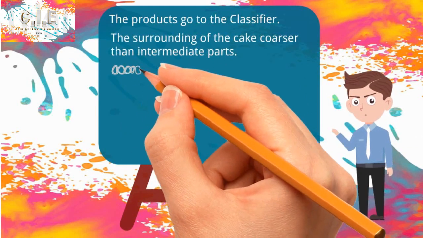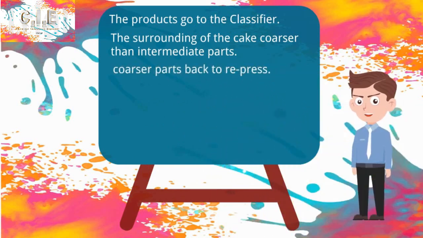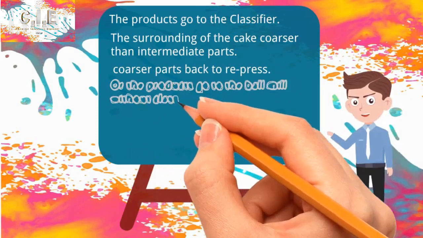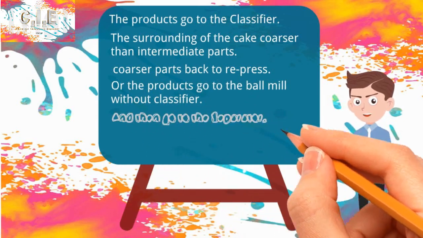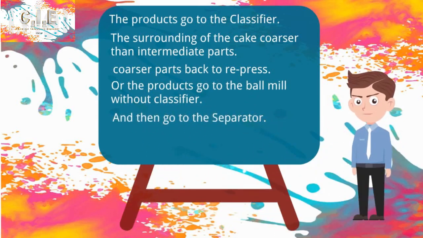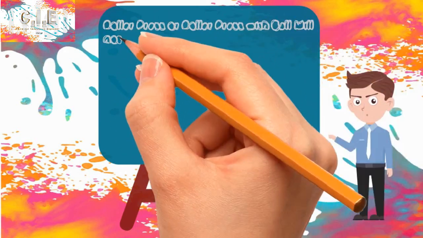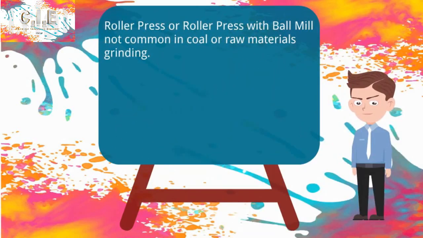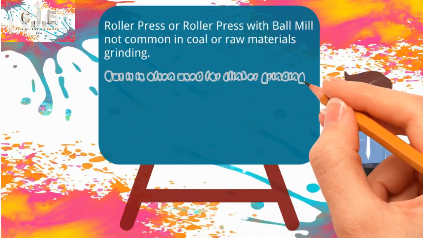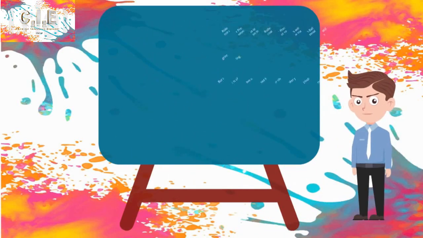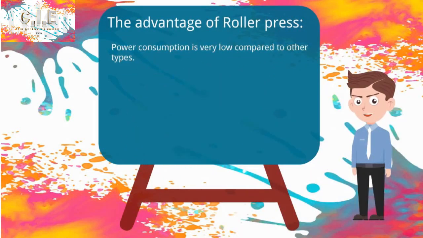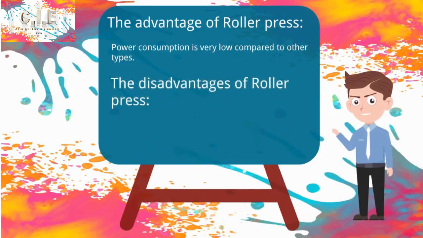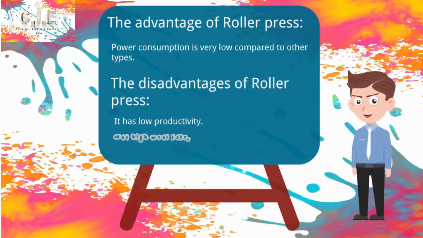So, the coarser parts go back to be repressed, or in some cases, where the roller press is used in sequence with a ball mill, the products go to the ball mill without a classifier, and then go to a high efficiency separator. This system is not common for raw materials and coal grinding, but it is often used for clinker grinding. The advantage of the roller press is low power consumption, but the disadvantage is low productivity and high wear rate.